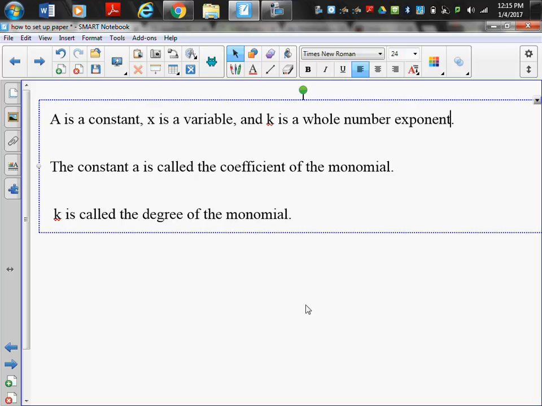The constant is called your coefficient. That's the number that's in the front. K, which is your whole number exponent, is the degree.